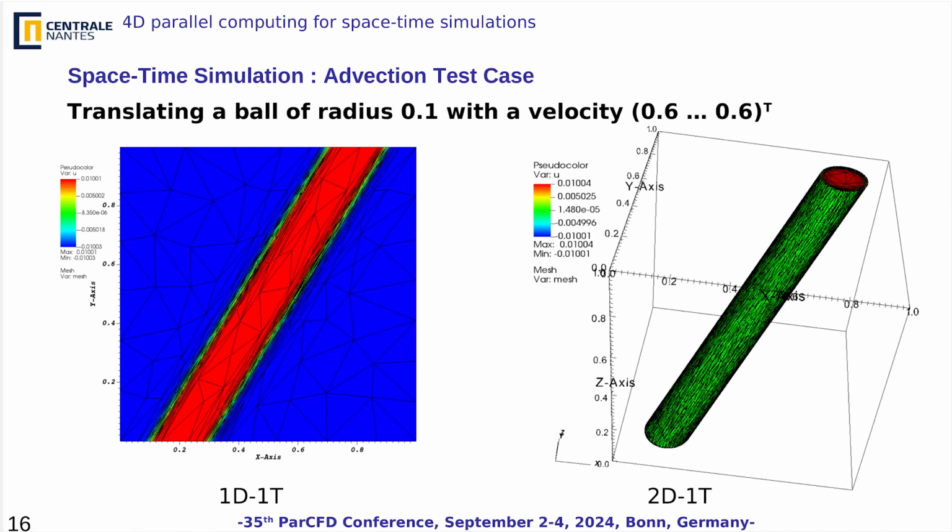So yeah, the test case was just to translate a ball of radius 0.1 with a velocity 0.6 in all space directions. So in 1D, this segment will just advance in time. The same in 2D, it's a disk that advances in time, and so on.